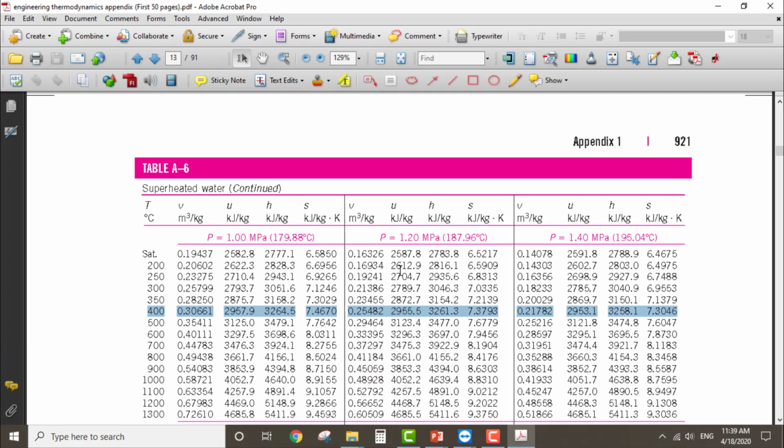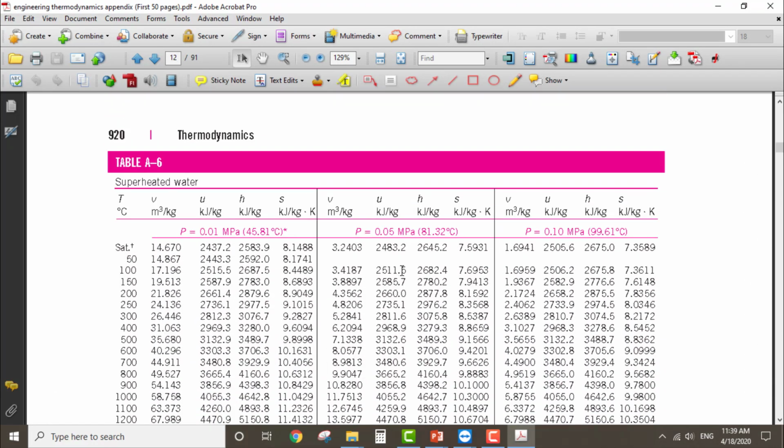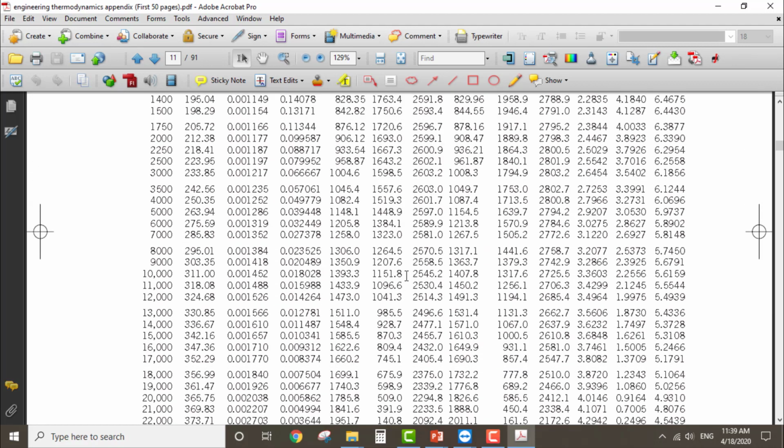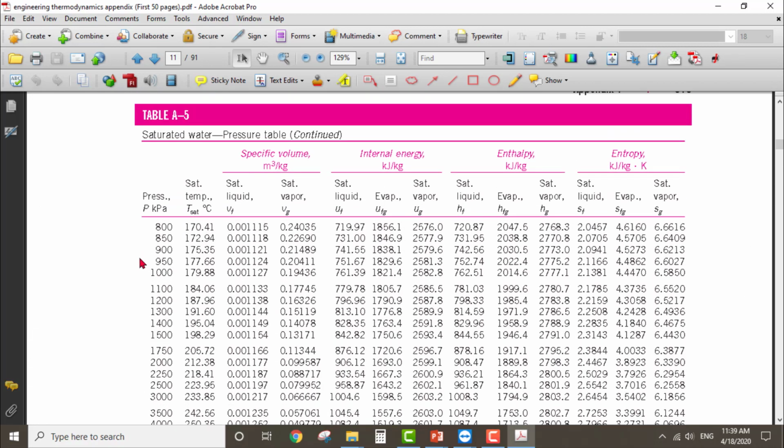Here is the table. So I go back to the saturated water pressure table, and I need 1000. Here is the value. So the volume that we need is 0.19436, and Ug is 2582.